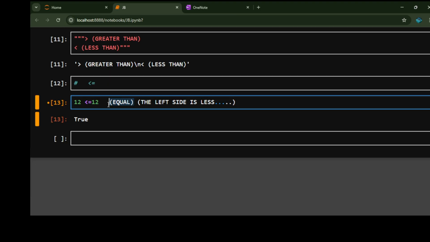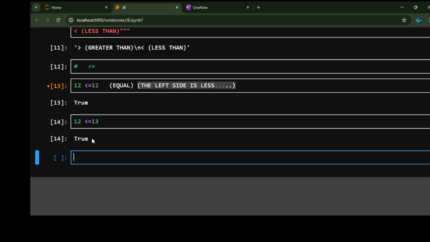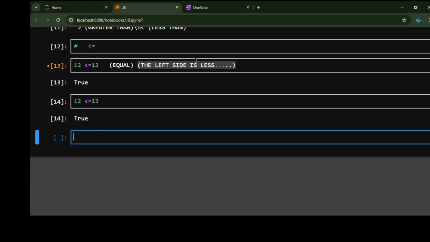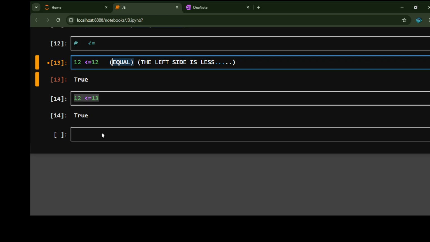If any one condition out of these two is true, then the whole output will be true. If I take 12 less than equal to 30, then also it will give us true because the second condition is true in this case, and in the previous one the first condition was true. So this was the operator less than equal to.